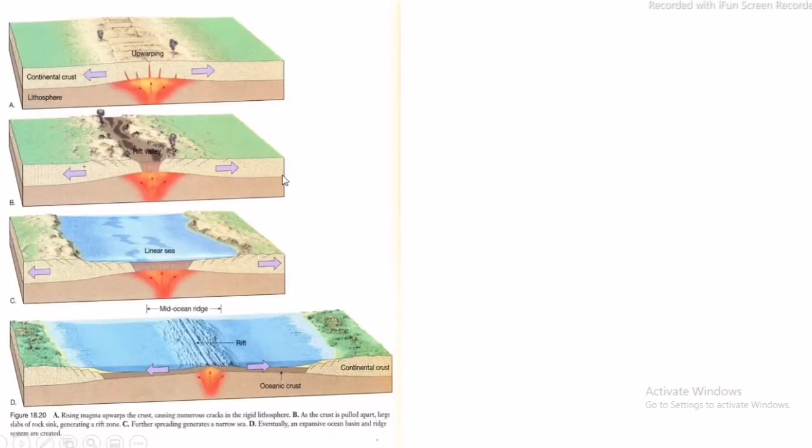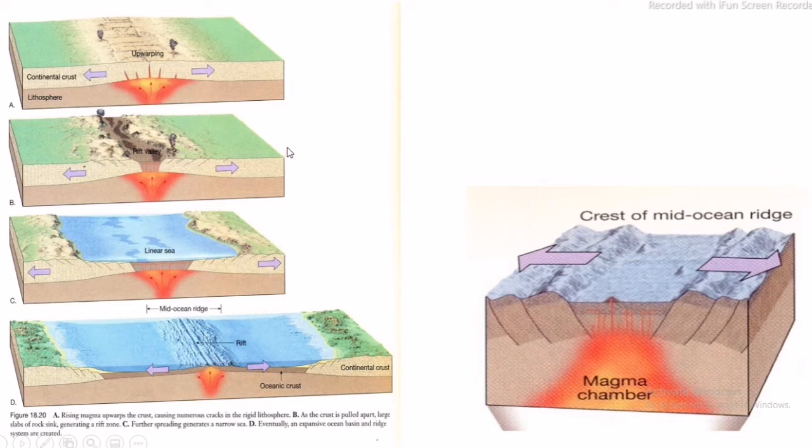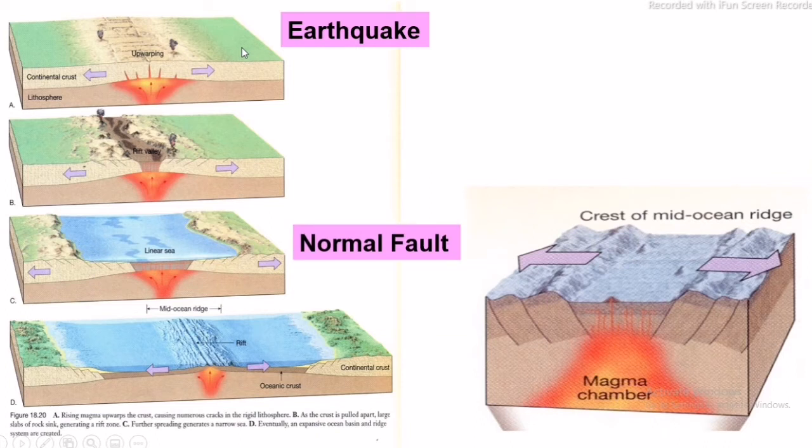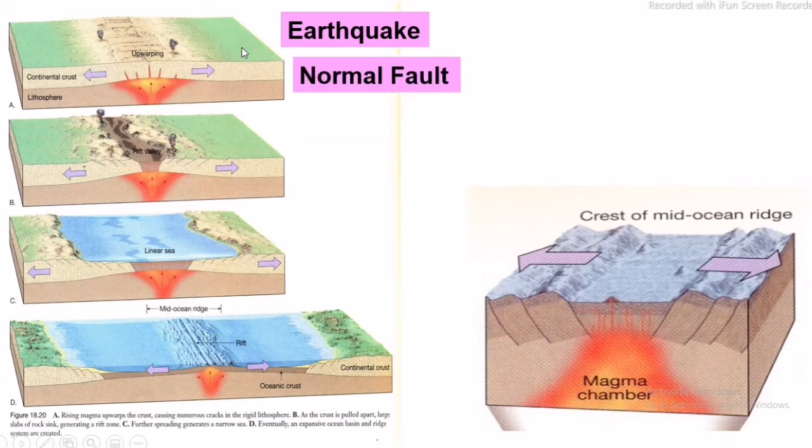So let's explain the divergent plate boundaries using this diagram. So remember that it begins with a whole continent. So there will be earthquake because of the shaking of the ground. There will be upwarping on the ground, and then normal faults will be produced because of the pressure of the magma, the rising magma.